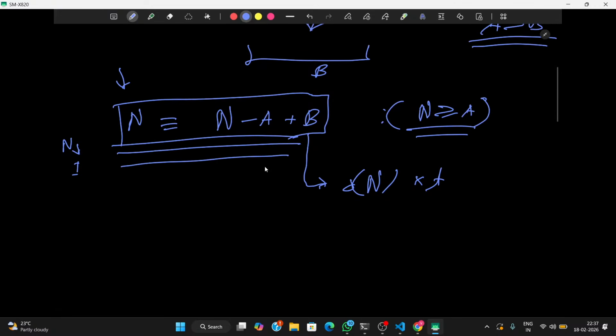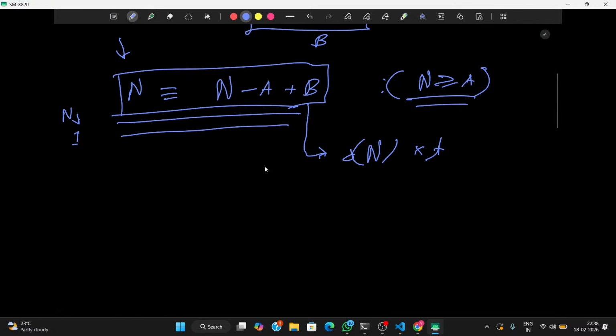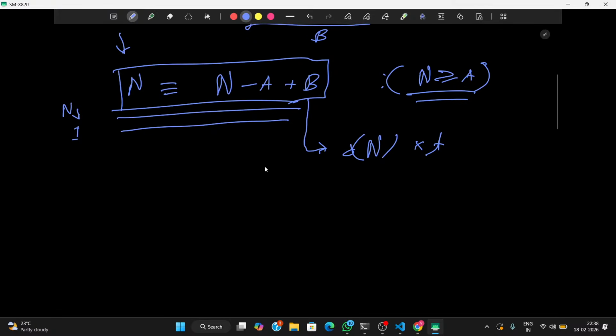If you don't want to do brute force, another thing you can think of is using math. In n, we are always decreasing by a minus b.